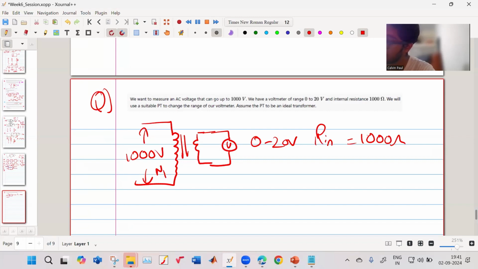So this has some N1, this has some N2. My V2 is 20 volt, my V1 is 1000 volt. So what will be my N2 by N1?